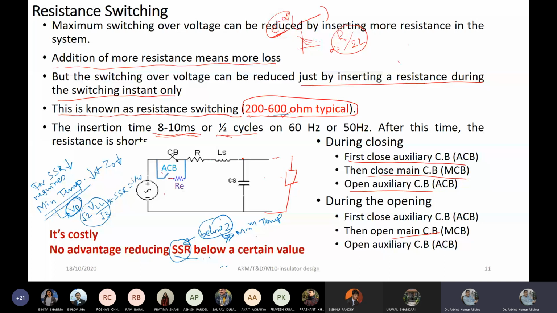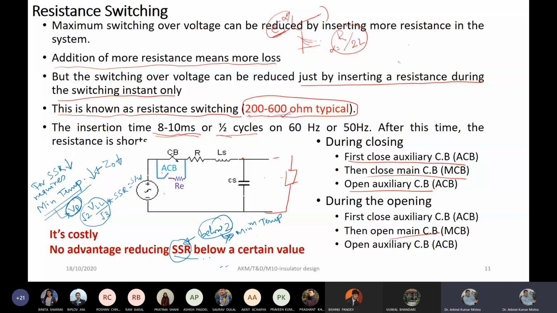So if you reduce only either of these, the other will be dominating. Hence, once we reduce the switching over voltage, we must also reduce the temporary over voltage.